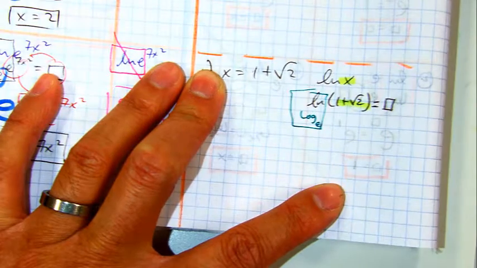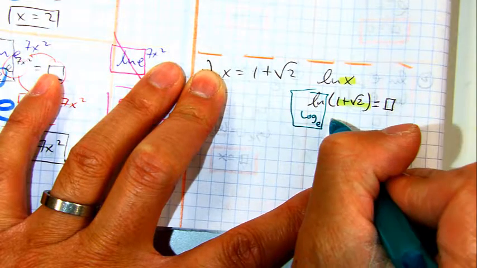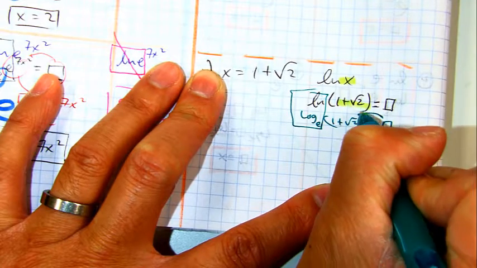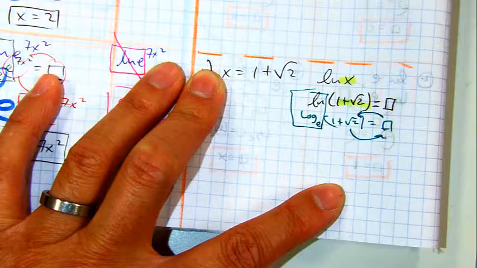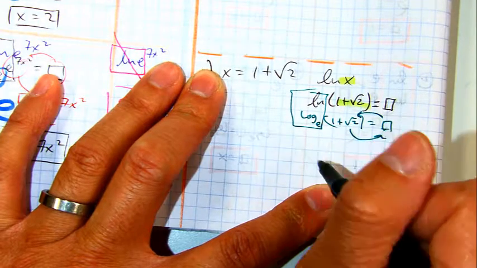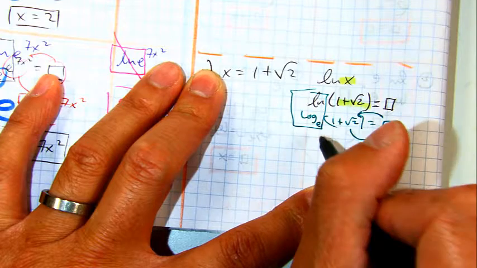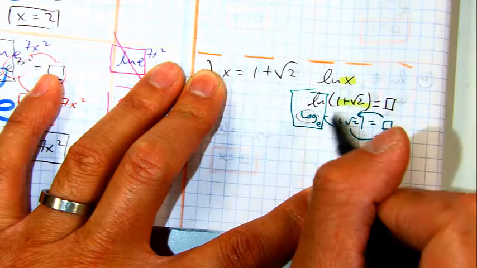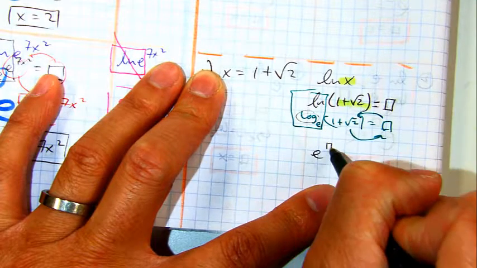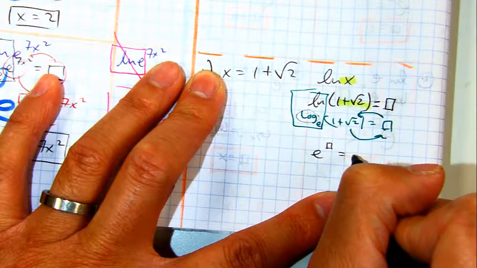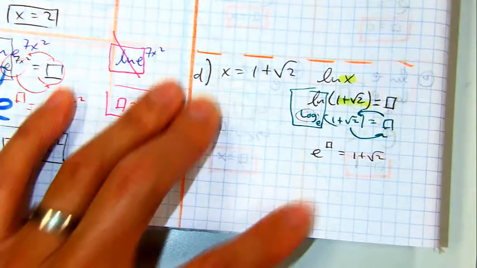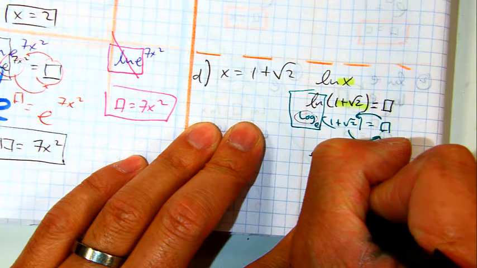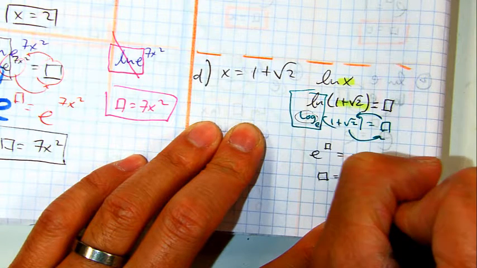And then we switch the box for 1 plus radical 2. So switch these. Okay. So then it'd be log base e box equals 1 plus radical 2. Remember now, when you're switching it, this comes off. Does that make sense? Oh yeah, it's just e to the box. There you go. Equals 1 plus radical 2. Raise your hand if you got that so far. And Chen, what did you get as your answer? Box equals 0.8814. Yeah.